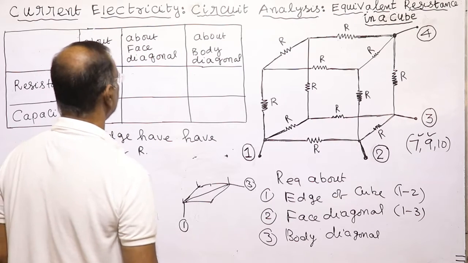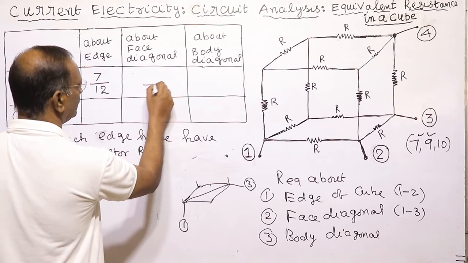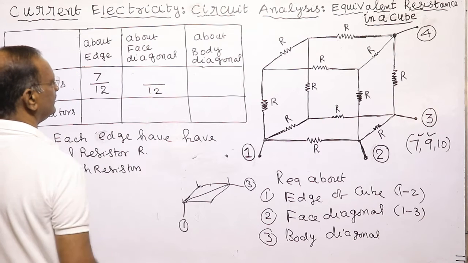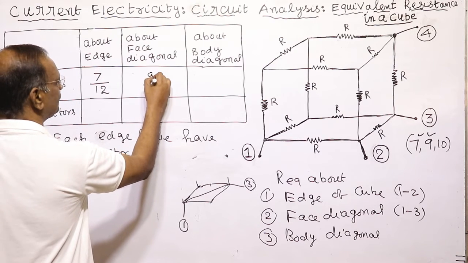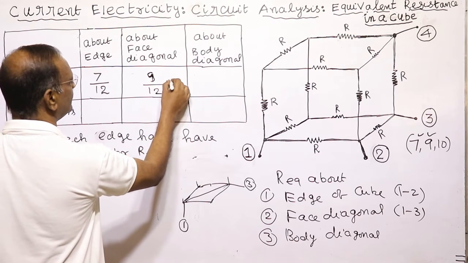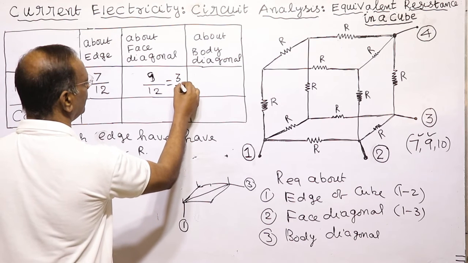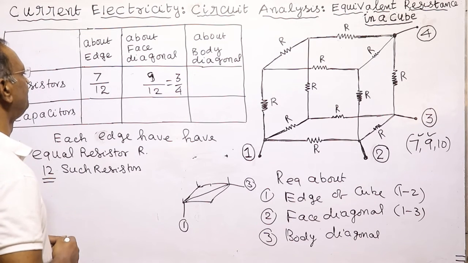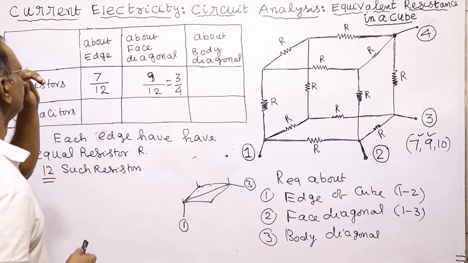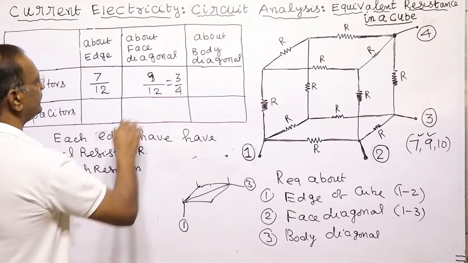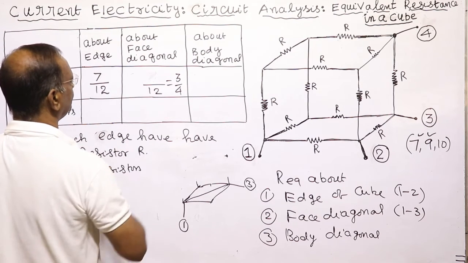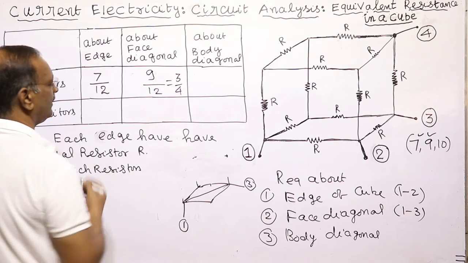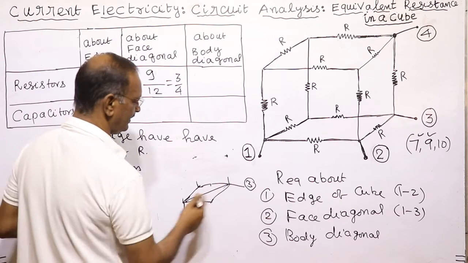For the edge it is 7 by 12, dividing by the 12 resistors. Then 9 by 12 is equal to 3 by 4. This is the face diagonal, 1 and 3.